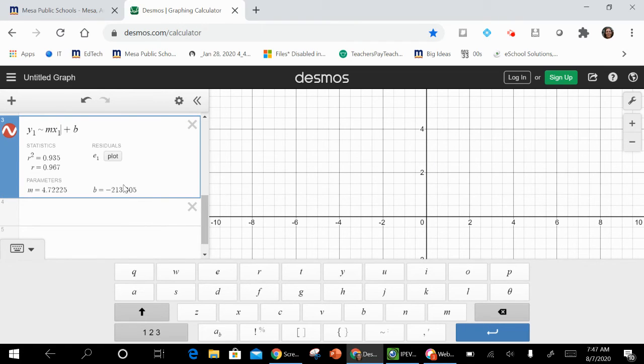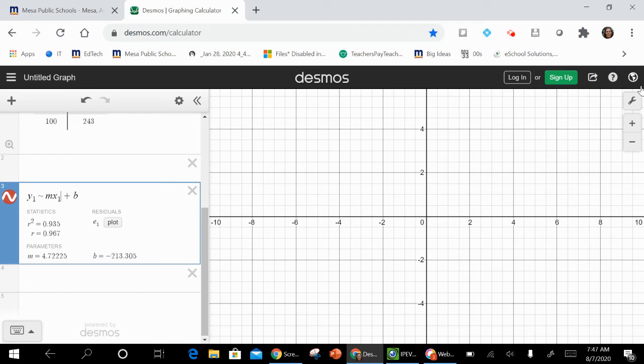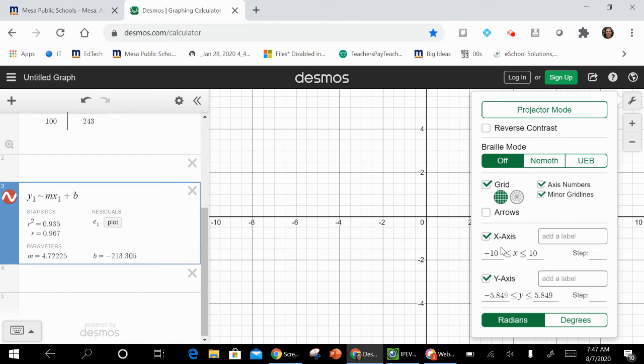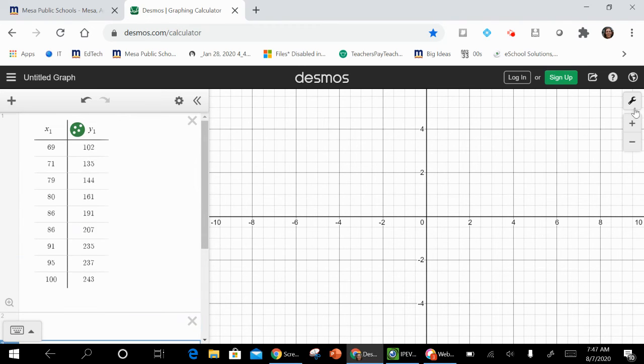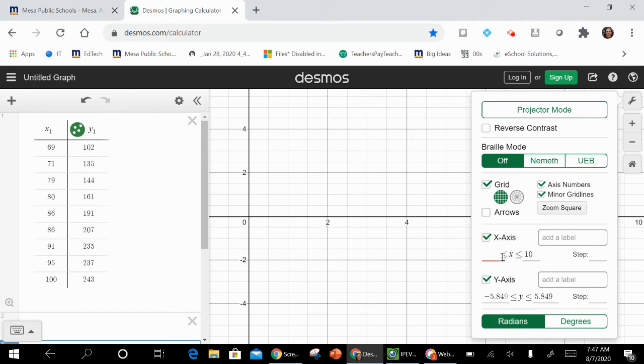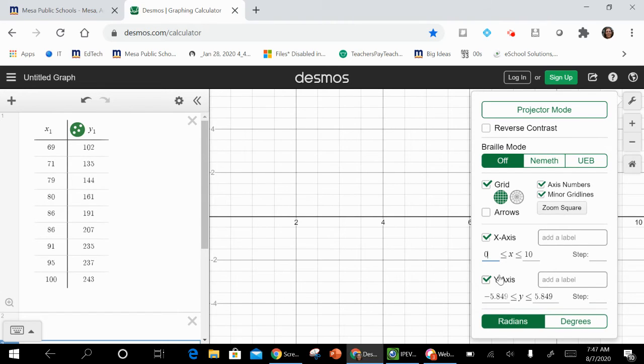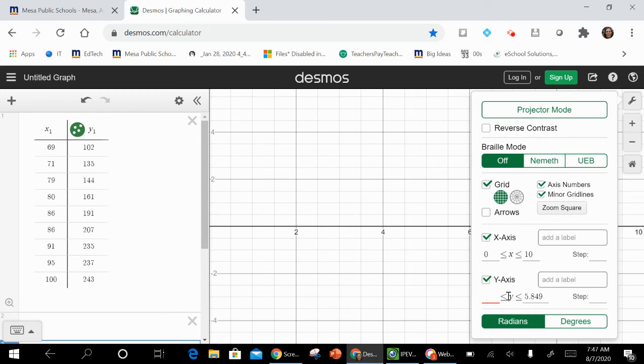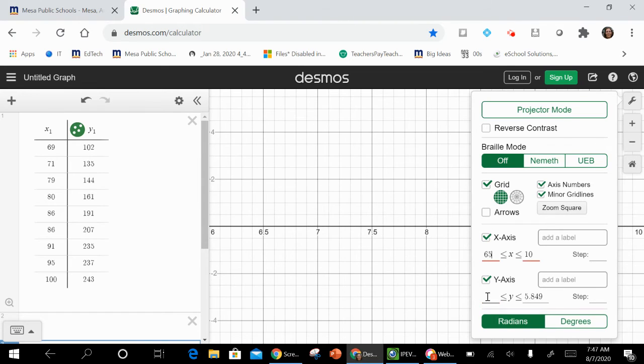Okay, now I'm going to make the keyboard go down. We're going to go up here to the settings. So I'm going to go back up here to the table. So we look at our minimums and maximums. So I'm going to use 0. For our x-axis, we could actually use like 65.